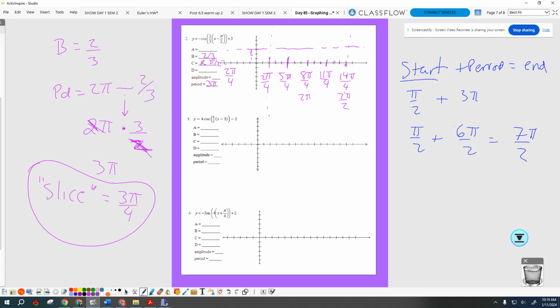Is that where it ended? One complete wave, like I calculated out, like Nana said, we needed to add 3 pi over 4 each time, and I added it. From here I went 1, 2, 3, 4 times. I got one complete wave, but it's sketched. I don't have anything actually graphed yet.